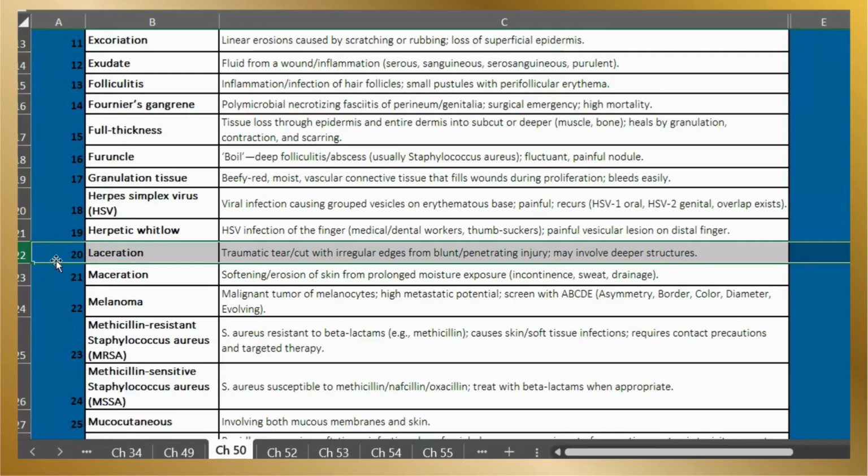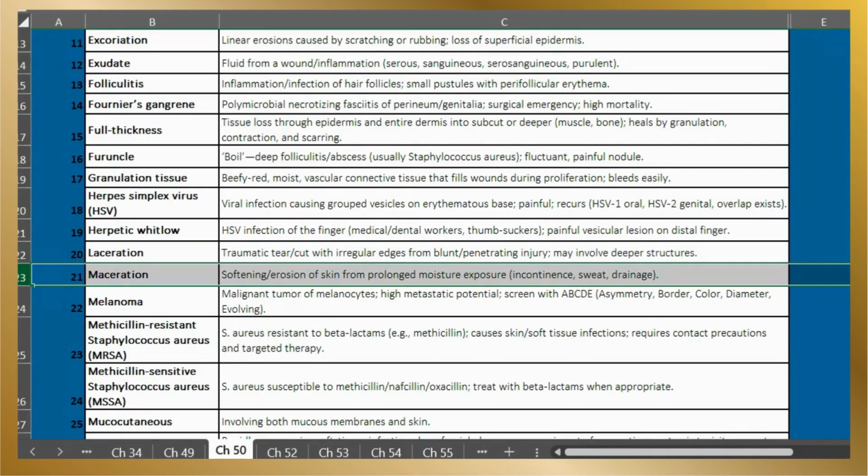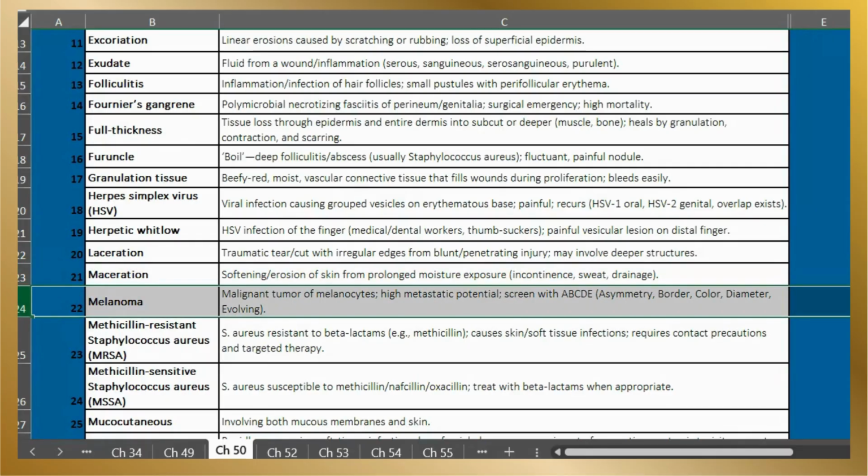Maceration is the softening and erosion of skin from prolonged moisture exposure, such as incontinence, sweat, or drainage. So macerate is like marinate in moisture. Oh, I don't want to think marinate. I have some meat in marinade. Oh God.